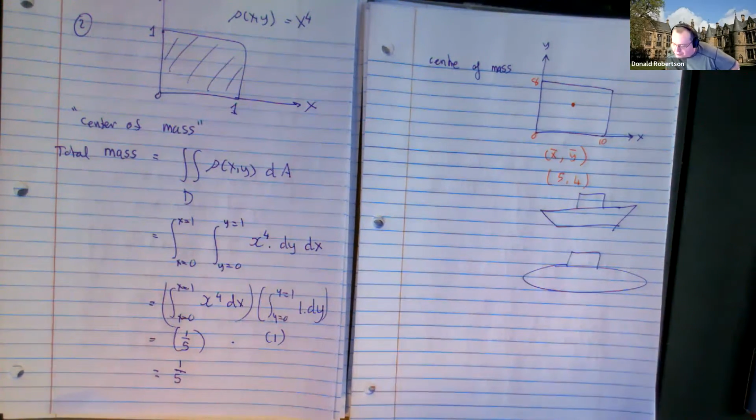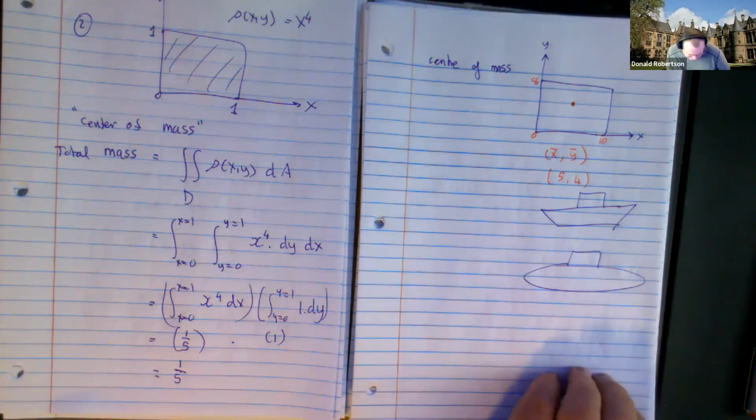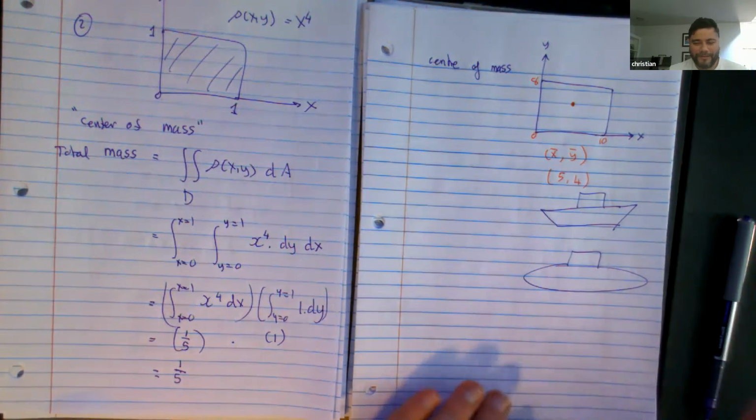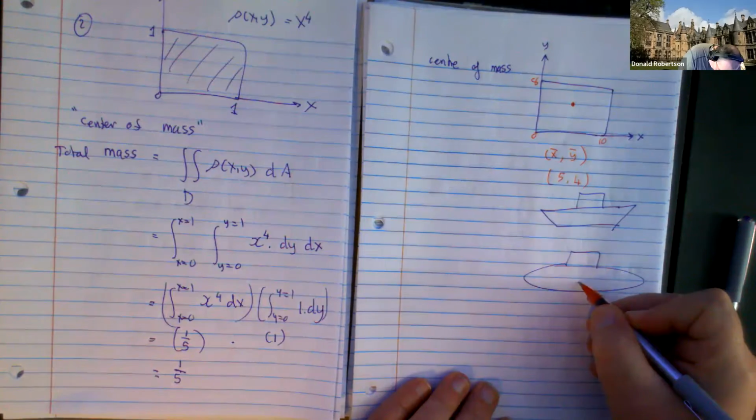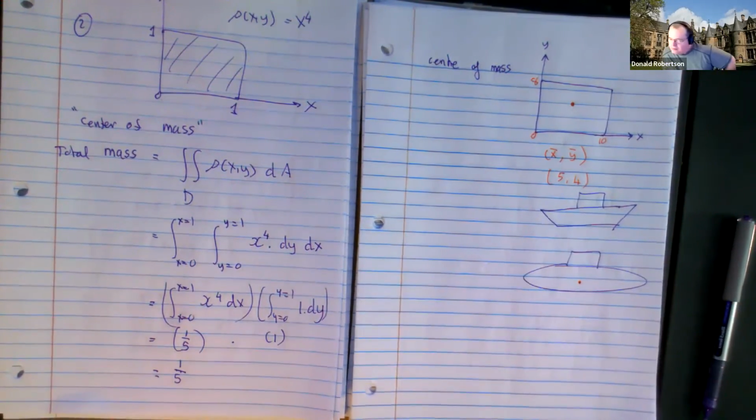If you have a submarine, where do you want the center of mass to be to have a submarine that's stable in the water when you're traveling on surface or undersea? Where do you want it to be? Usually we keep it in the middle, and probably as low down as you can, so that when you're on the surface, there isn't a tendency to keel over left or right, okay?